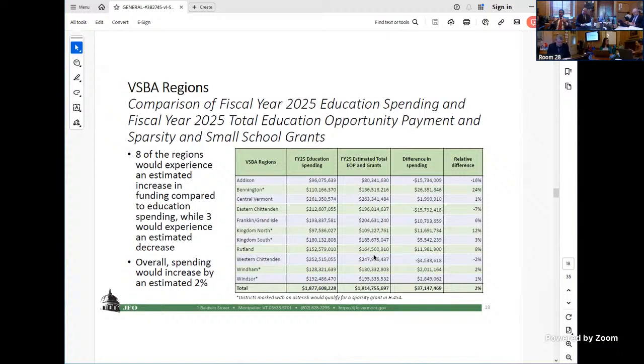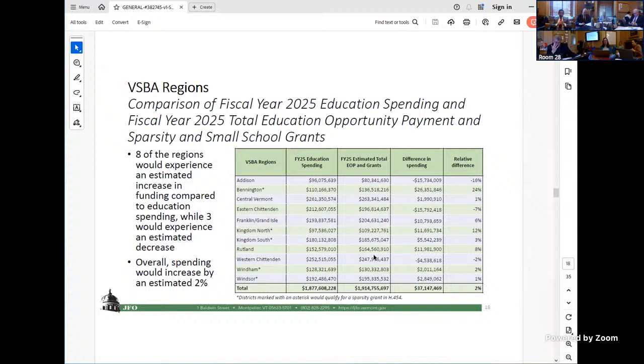So this tracks similarly, that those have already been separated. Because when I look at this, I'm looking at what I think are lower income areas by and large that are receiving an increase. Do you see another big factor in the relative difference in spending?